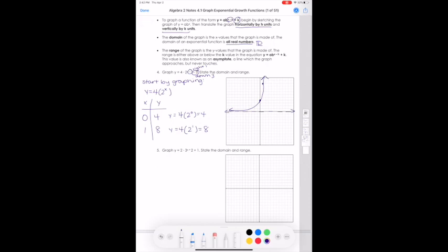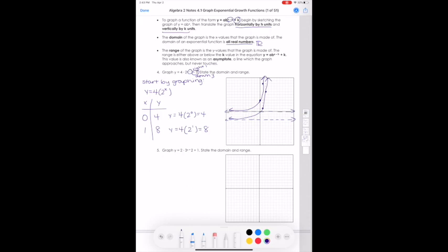Sorry, I got a little upset there. Alright, so now we're going to move each of those points right 1, down 3, and plot new points. And this is the graph that I actually want. Alright, but whenever I go down 3, I also need to move that asymptote down 3 units. So this is what my new graph looks like.